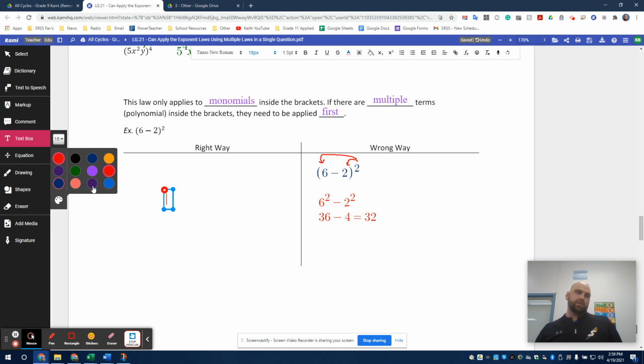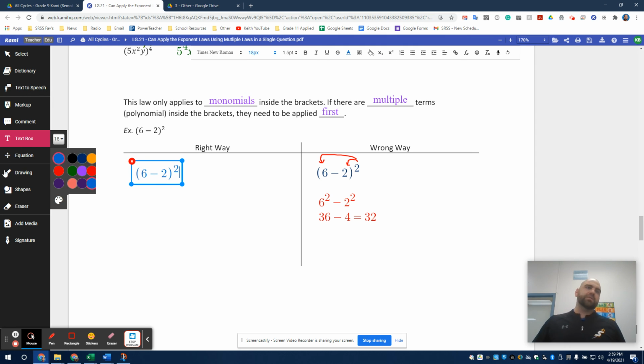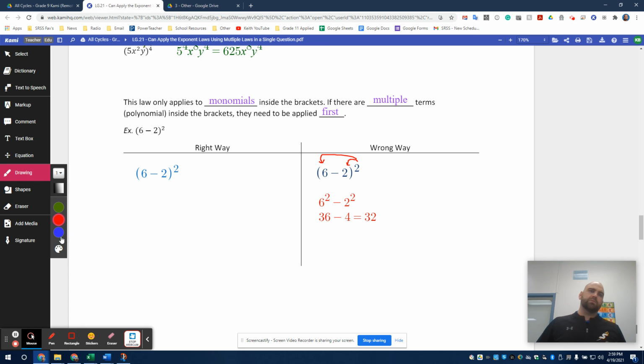The right way to do it, and I will show you right here. I'm going to rewrite out the original so I can mark it up again a little bit. The first thing that we always do whenever we see brackets is we try to combine what's inside the brackets first. In this case, 6 minus 2 is just 4.